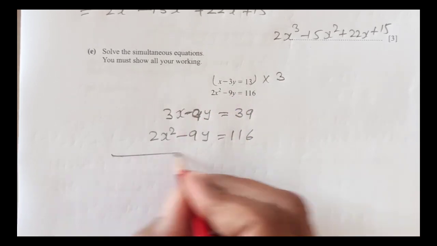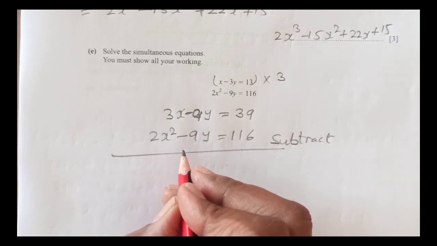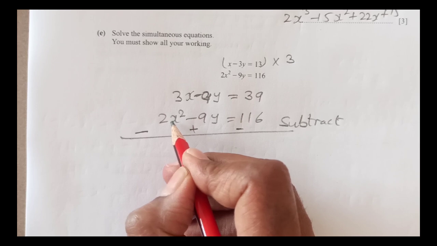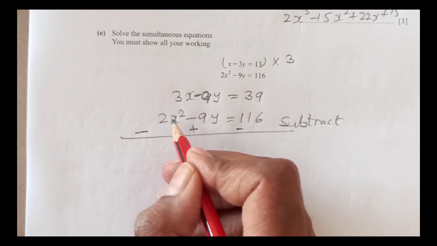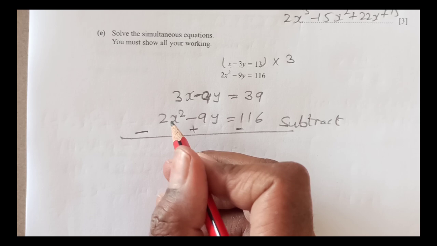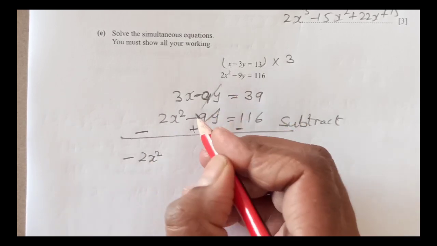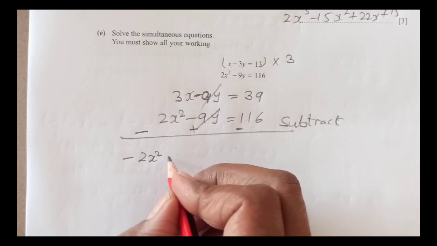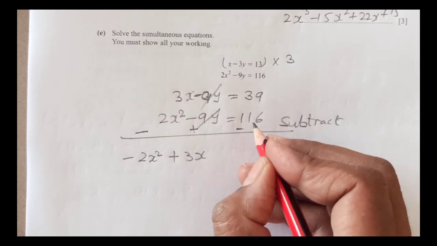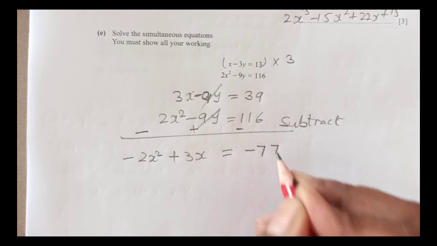Now we are going to subtract it. When you subtract, the signs of the lower equation will be changed. So I will write it down as it is. This is going to be 2x squared minus 2x squared, then these get cancelled, then we will have plus 3x, and when you subtract this one, it is 77 equals minus 77, right?